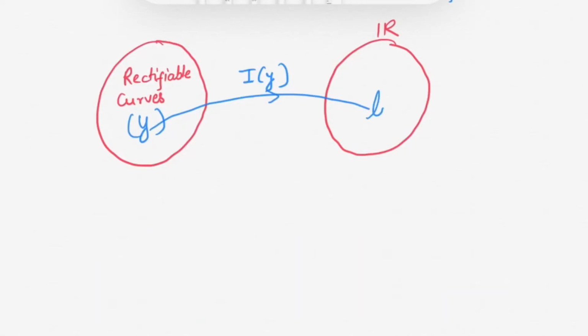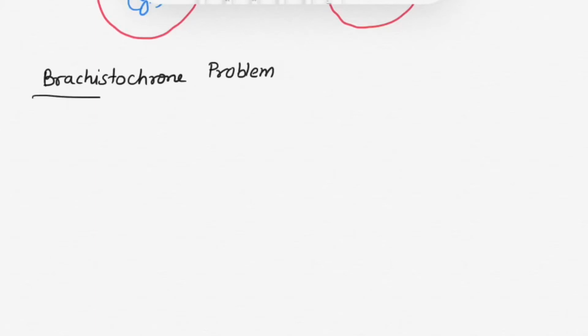Now let us understand this with a very famous problem called the Brachistochrone problem. In this problem, suppose we have 2 points A and B, and there is some curve joining these 2 points.